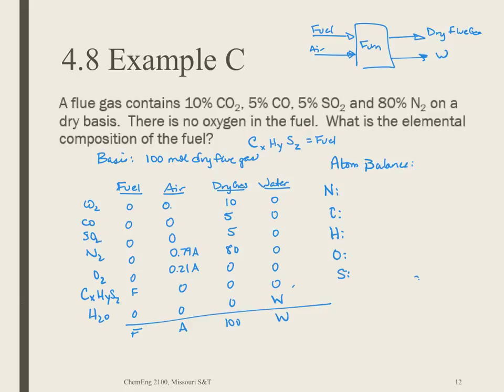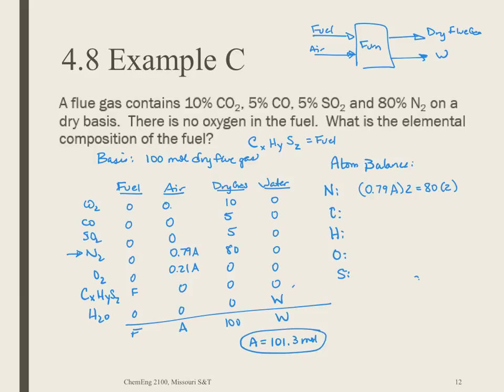Nitrogen only comes in as nitrogen and leaves as nitrogen. So 0.79A times 2 is equal to 80 times 2. So I can solve that for A. A will be 101.3 moles.